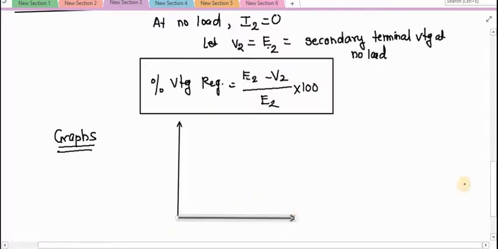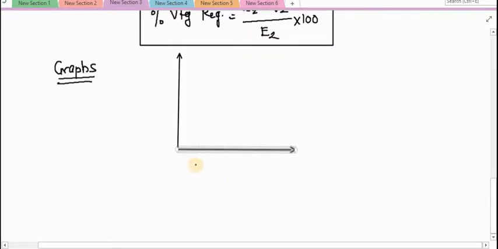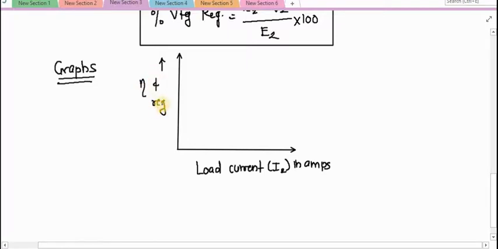So take load current on the x-axis. What is load current? Load current is nothing but your I2 in amperes, right? And on the y-axis, if you take efficiency and regulation, then you will get a graph like this.